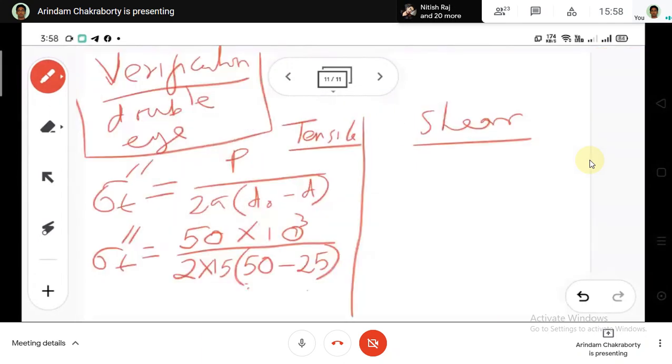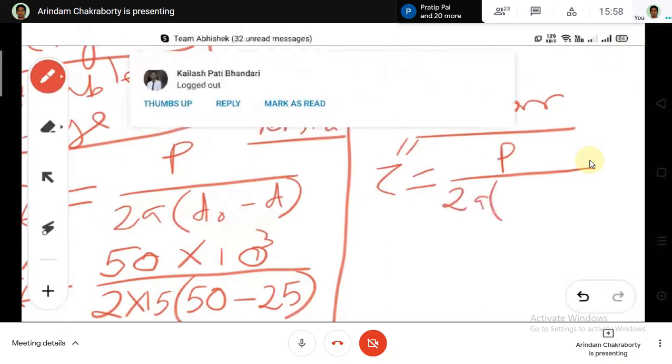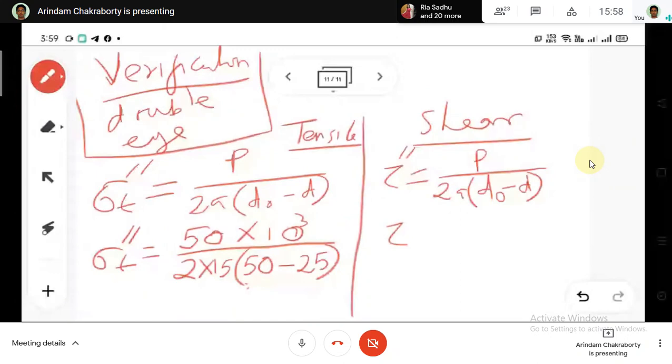As well as for tau, the formula remains the same. Tau double dash, don't write tau, write tau double dash, is equal to P by 2A into (D naught minus D). What would be the magnitude of tau double dash also?